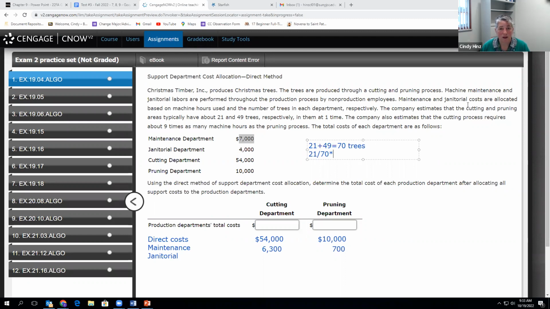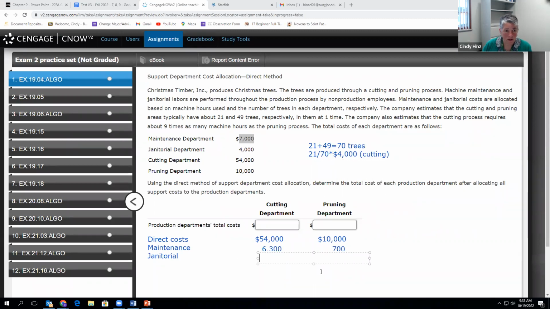So it tells us cutting and pruning 21 and 49 respectively. So 21 out of 70 times the $4,000 is for the cutting department, and the rest, the other 70% or 49 out of 70, is going to go to the pruning department.